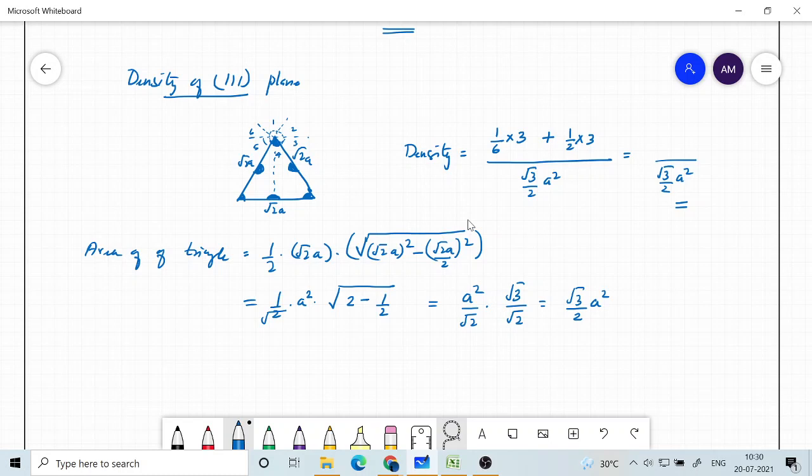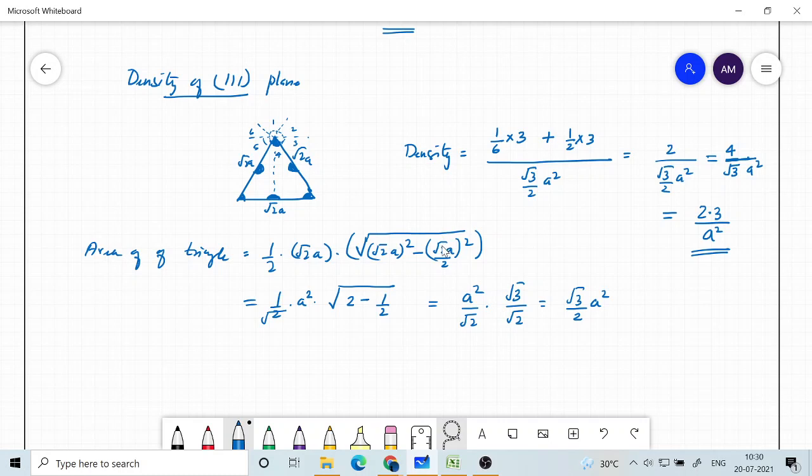Okay, so 3 by 2 plus half, that is 2, which is basically equal to 4 by root 3, 4 by root 3 square. Okay, and that if you evaluate, it is 2.3 by a square.